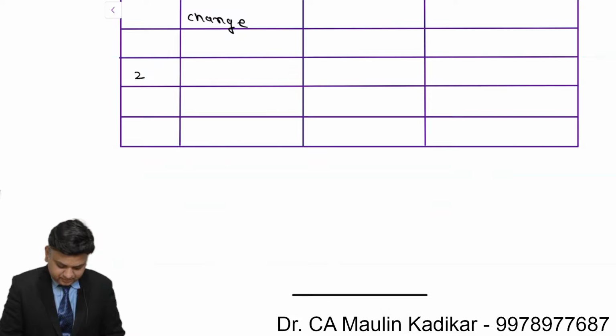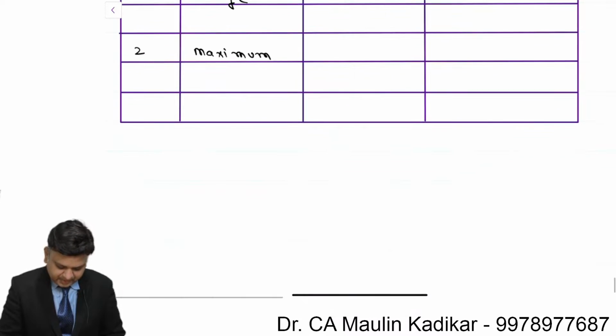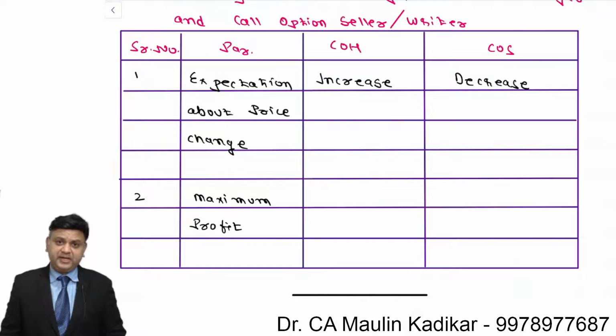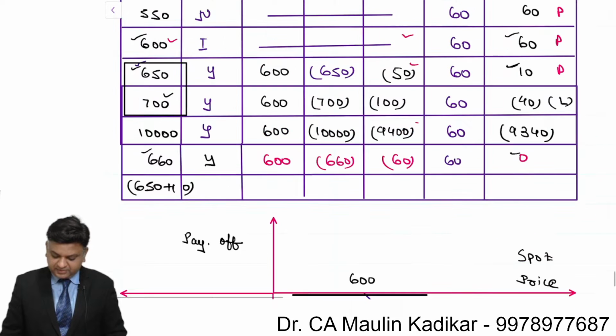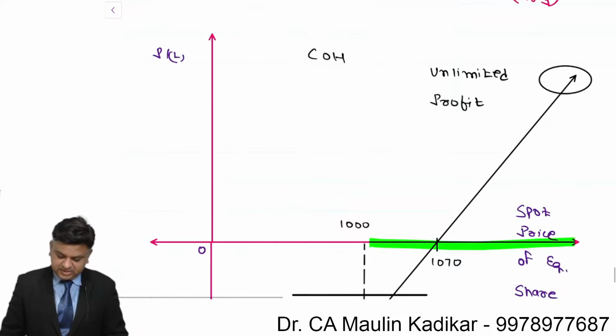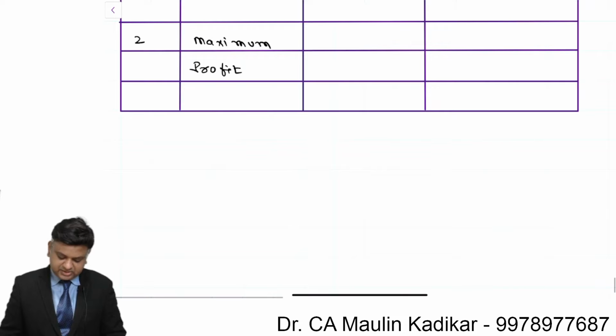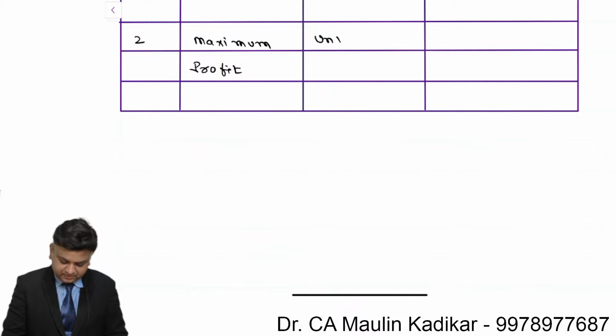Second point, maximum profit. In case of call option holder, we can say that if at all the price of the security increases, then in that case there is a possibility of unlimited profit. So over here, there is a possibility of unlimited profit.